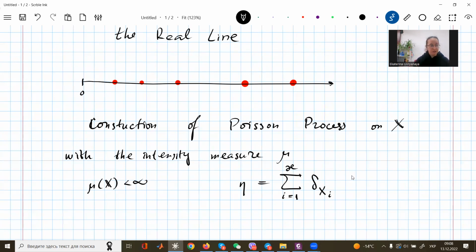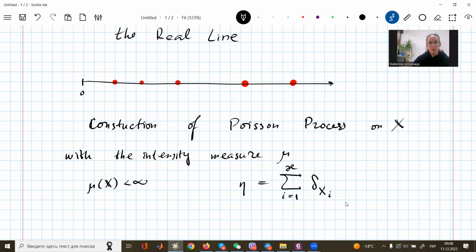This number of points has a Poisson distribution. So you know how we can represent a Poisson point process in an arbitrary space.